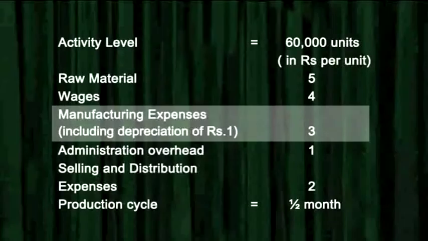First of all, keep in mind that we have to estimate everything on cost basis. So depreciation of 1 rupee, which is included in the manufacturing expenses, has to be ignored. That means instead of 3 rupees we have to take rupees 2 in finalizing the cost of goods to be produced.